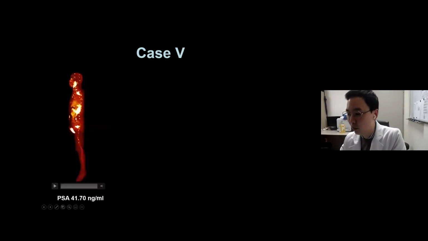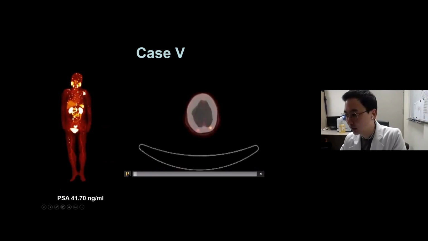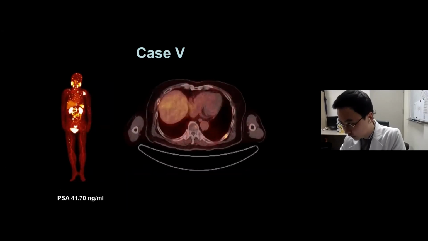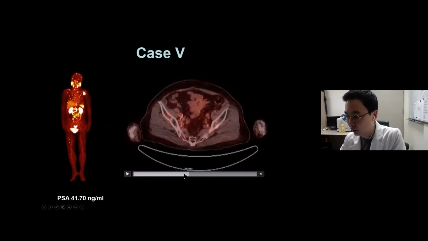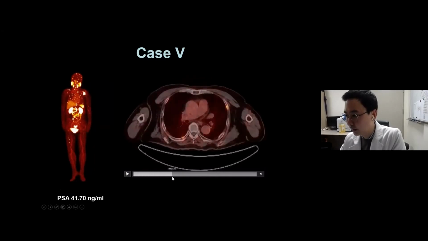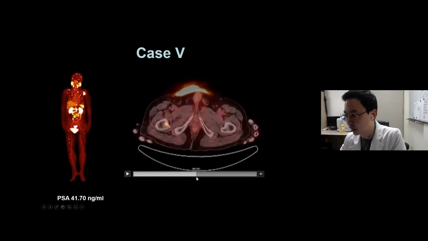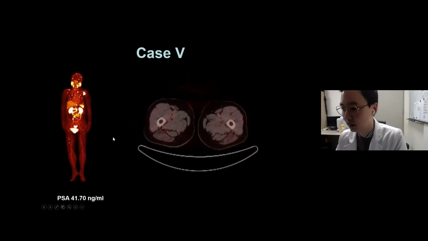So this patient underwent PSMA imaging at the time point when the PSA was 41.7, and as you can see, there were more metastatic lesions visualized, which seemed to be a very progressive tumor. So now this patient is preparing for a clinical trial for the treatment of this metastatic prostate cancer, as an mCRPC patient.